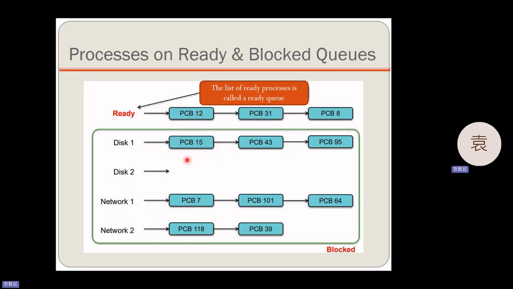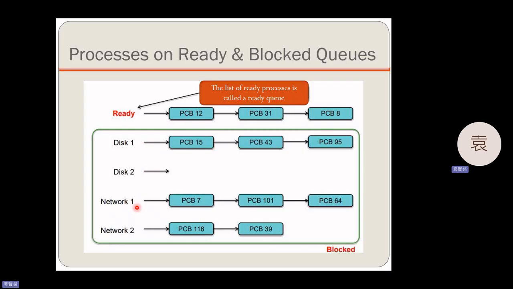And also for different kinds of I/O devices, for example if the system has two disks and two network interfaces, then those processes waiting for disk one need to be queued in the blocked queue associated with disk one, and so on.